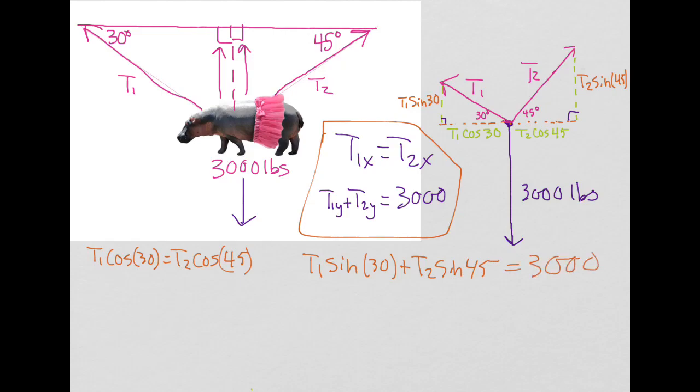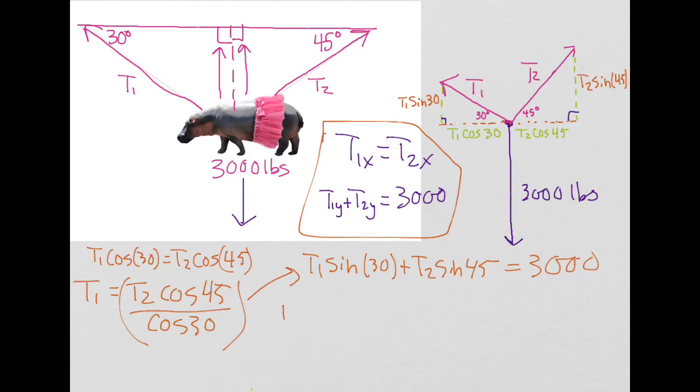Cool? We have two equations and two unknowns, T1 and T2. So let's solve this first equation for T1 and then substitute in. You could solve it for T2, doesn't make a difference. I'm just going to solve it for T1. So rewrite this, we will get T1 equals T2 cosine of 45 divided by the cosine of 30. Sweet! Now I'm going to take this value and substitute it in for T1.